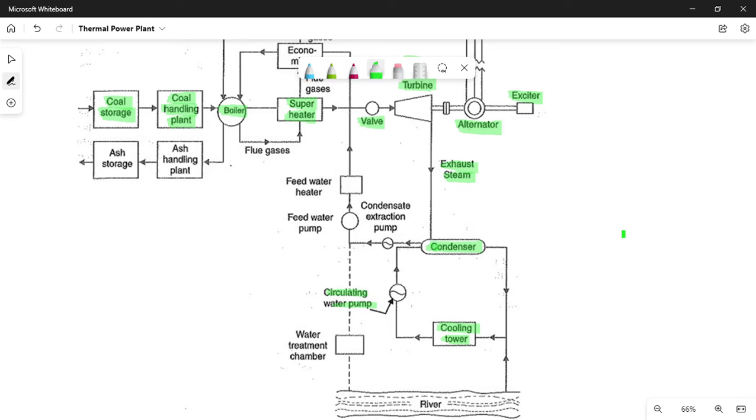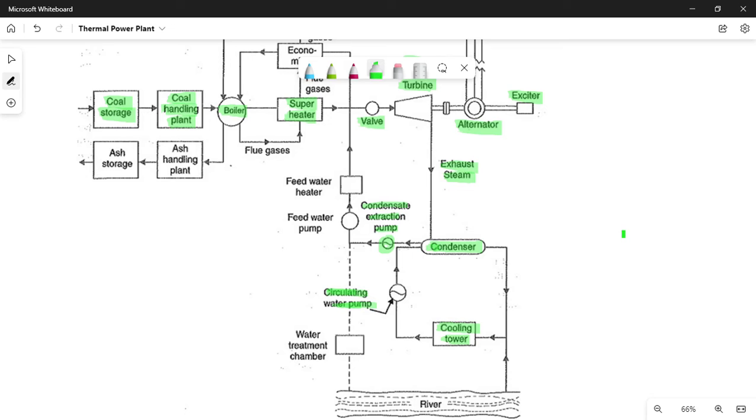Then, after the temperature of the circulating water is reduced, the circulating water pump pumps the water again to the condenser. The condensed exhaust steam is pumped back into the system through the condensate extraction pump.